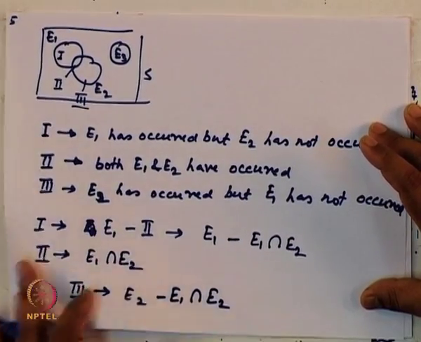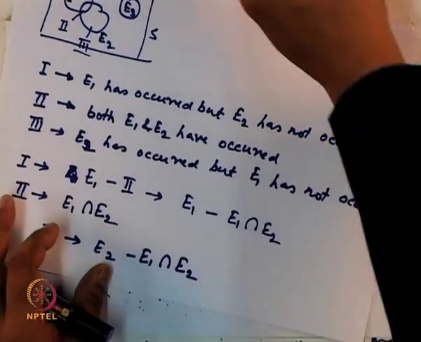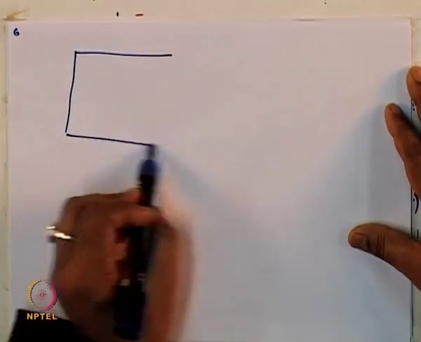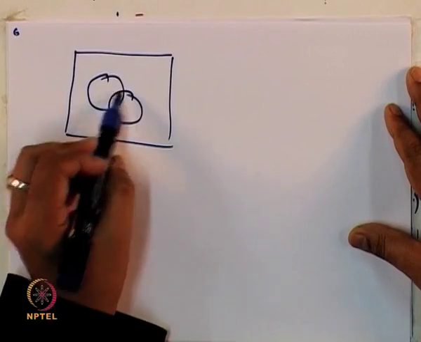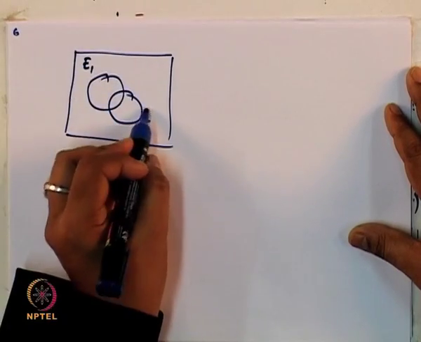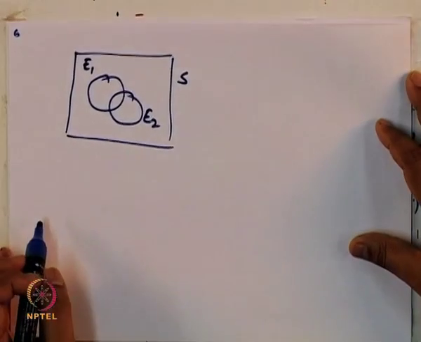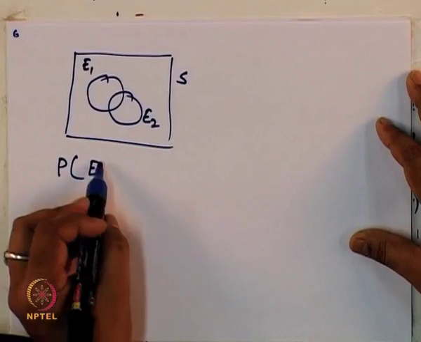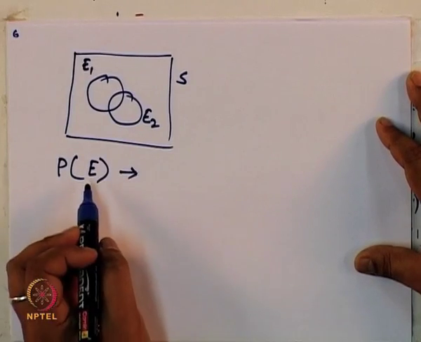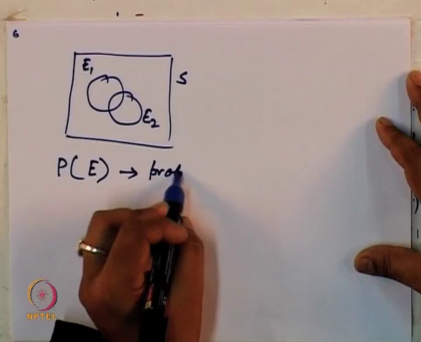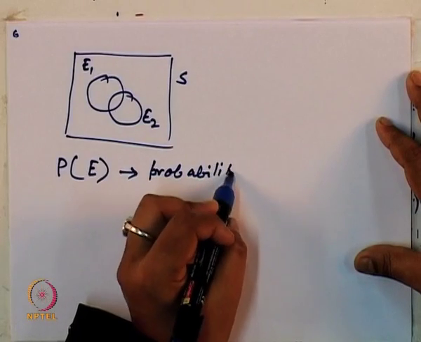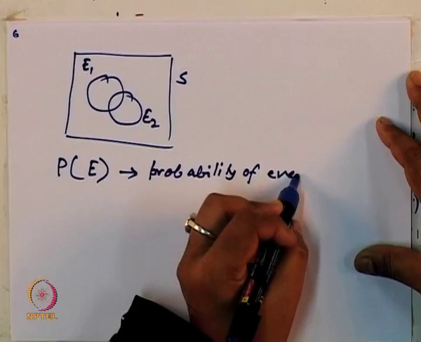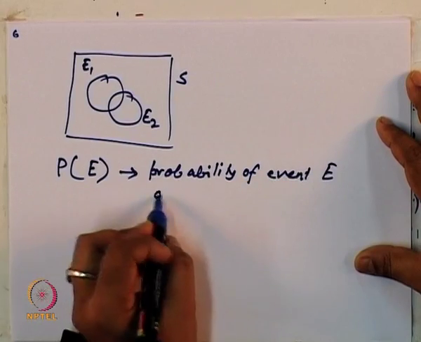Okay. So, I can write down in the most general case, if I draw two events where there is overlap, let us say this is my event E1, this is my event E2. The probability of E, generally, designates the probability of event E occurring.